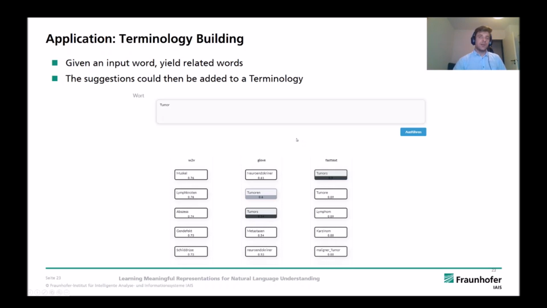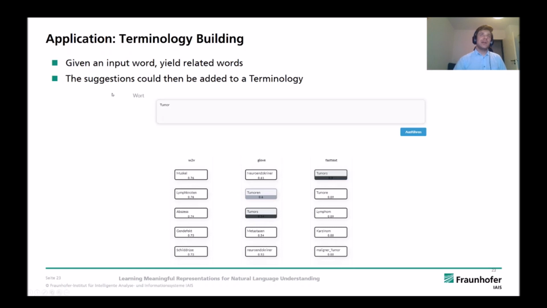Why is this useful? Well, we could use it for terminology building. In one of our projects in the medical domain, we had the topic of colorectal cancer. And at the beginning, we wanted to create a terminology so that we knew when documents would be relevant for the medical doctors.